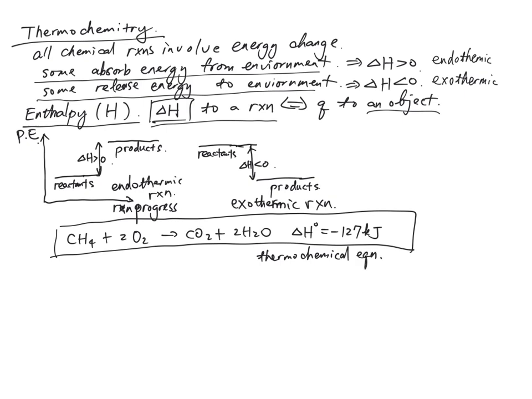This means that if you have, now, the little circle here, the naught or the standard, as we read it, means that if you have this many moles of stuff, 1 mole of CH4 reacting with 2 moles of oxygen, and ended up producing 1 mole of carbon dioxide and 2 moles of water, then you will be releasing, negative sign means an exothermic, releasing energy to the environment.